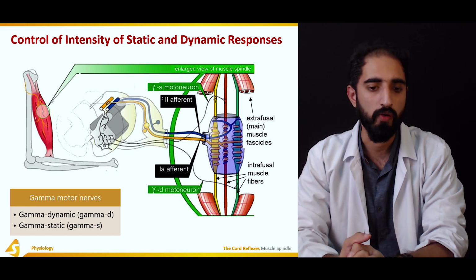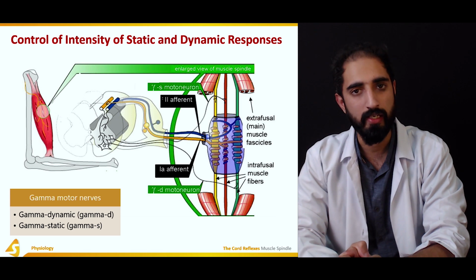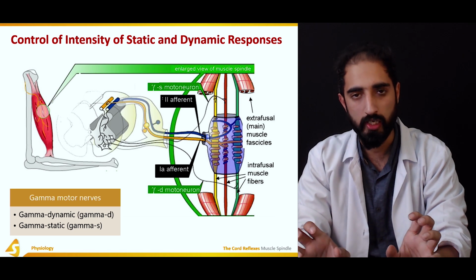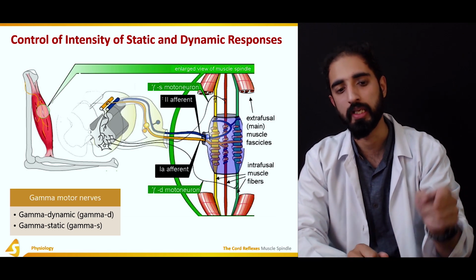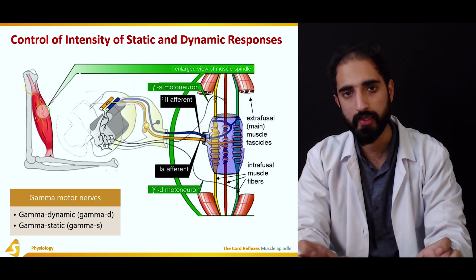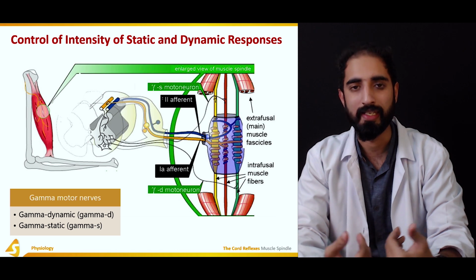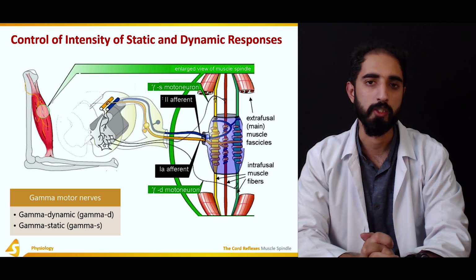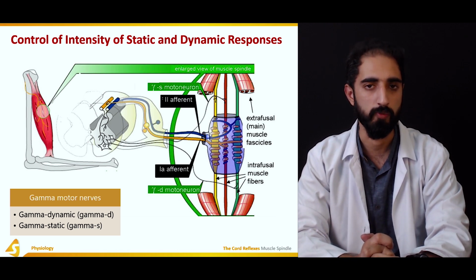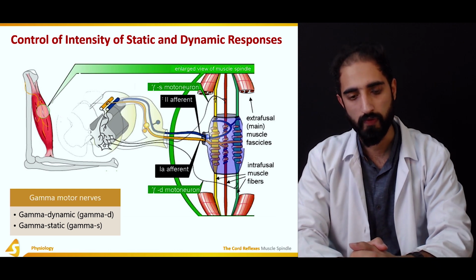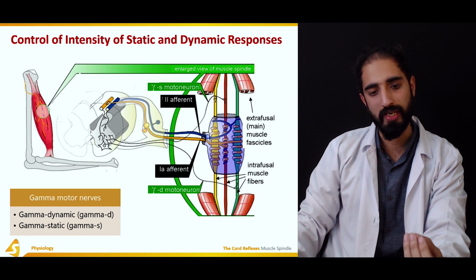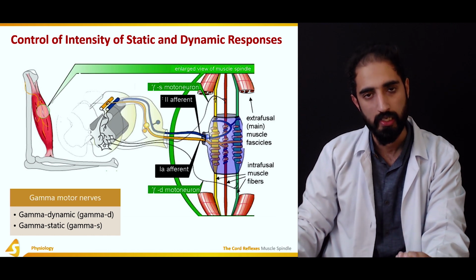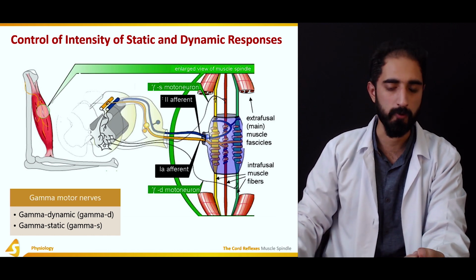That can be because of the contraction of the gamma fibers, which occurs through the contraction of the contractile parts at both extremes of the muscle spindle, which are supplied by the gamma nerve fibers. When they contract, they stretch or lengthen the central part of the muscle spindle, which results in perceived lengthening of the muscle spindle, and thus activation of the muscle spindle stretch reflex. So, in summary, the gamma motor neuron can influence the intensity of the static and dynamic response of the muscle spindle.